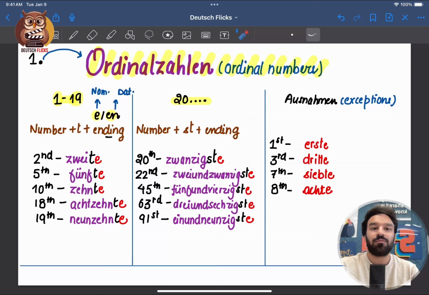In accusative case, what will be the ending? So these ordinal numbers are also part of adjective endings, which is discussed at A2 level and B1 level. So we can maybe circle back to this topic to discuss more endings. For now, if someone asks you what 10th is called in German, you can simply say 10. or 45th, 45. But while telling your birthday, you have to use the ending en.